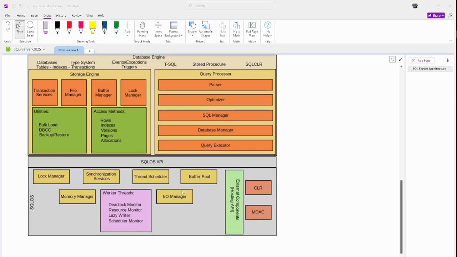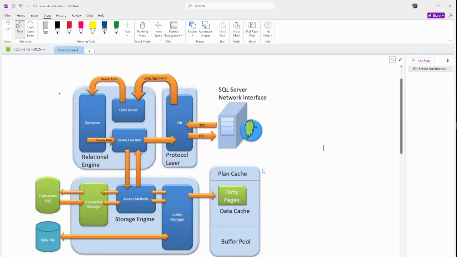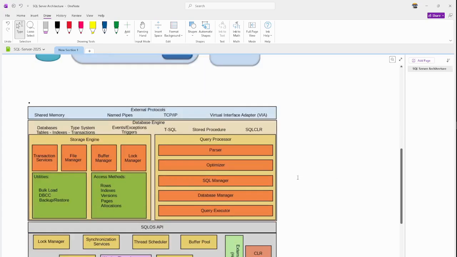Then the first diagram is mostly on the functional side, the query. Let me go to the first diagram. It is not coming. This will show how a request is processed. This is the functional query. The second diagram will show you the internal system, how the resources are managed and scheduled.